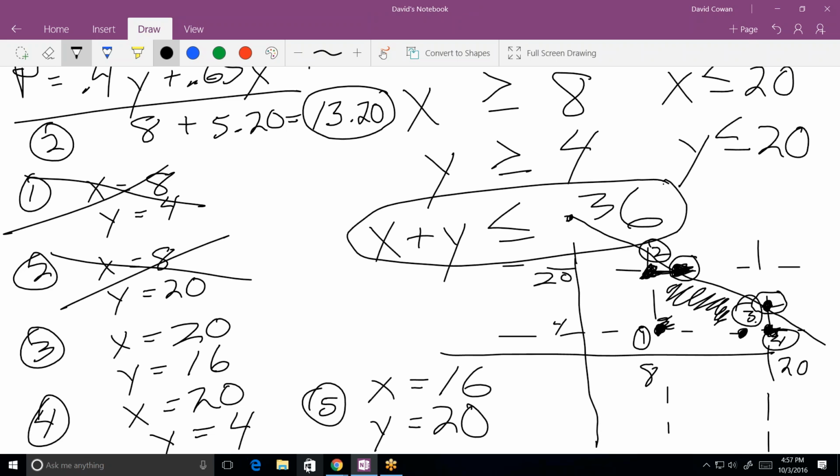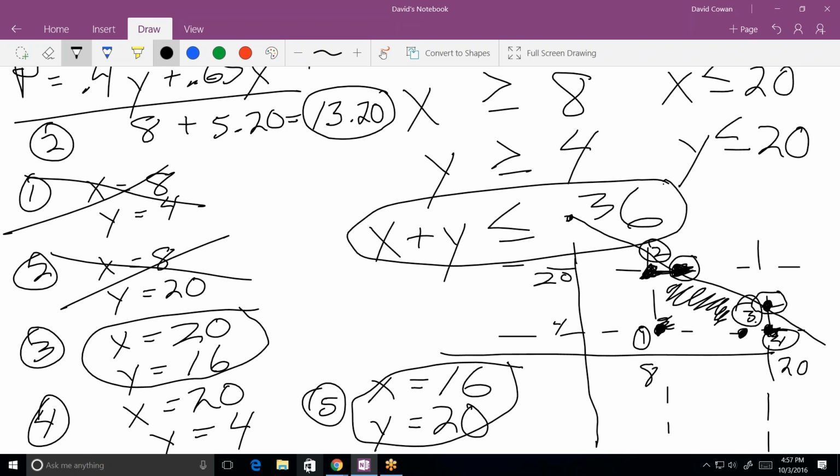Well, x gives us more profit than y does, right? So the bigger x is going to be better for sure. In other words, 3 is going to be better than 5, merely because I'm multiplying the 20 times 0.65.